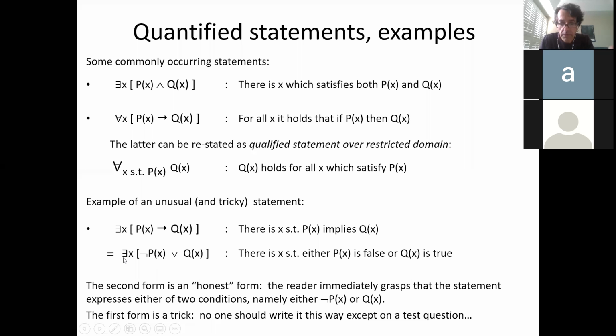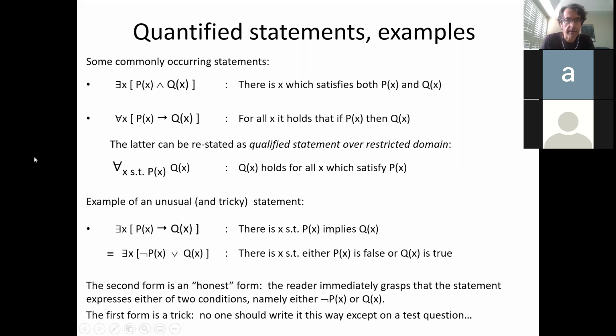You can read this easily: there exists an X which either falsifies P or satisfies Q. We all know how to read this. This statement is equivalent, but it's kind of tricky. When you stare at this, you might make a mistake until you recognize that these two are equivalent. And this one, for the human mind, is just easier to process.